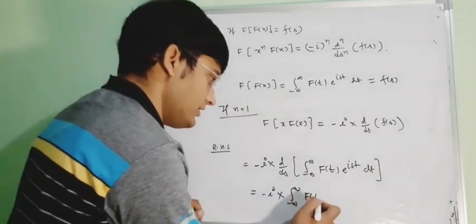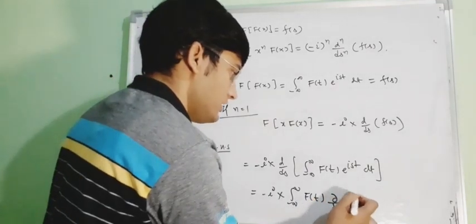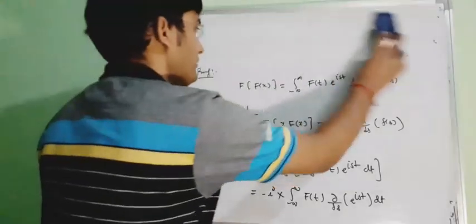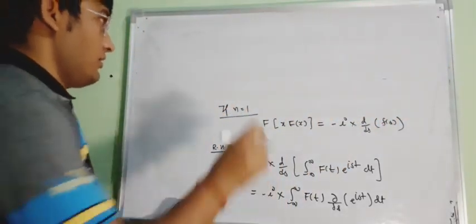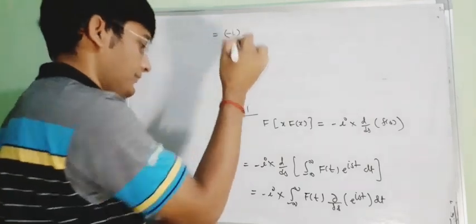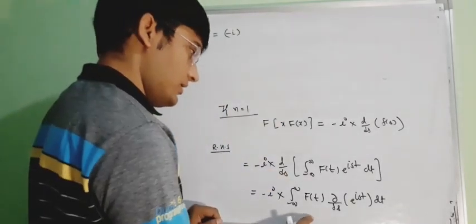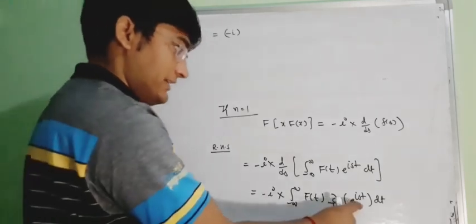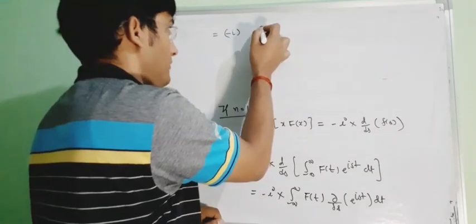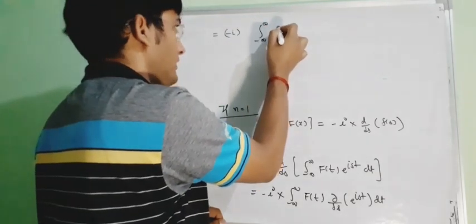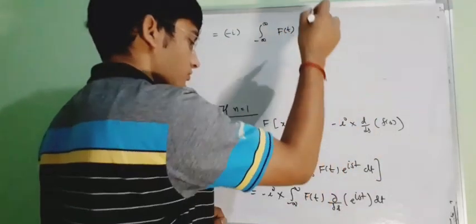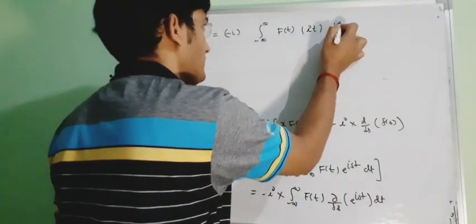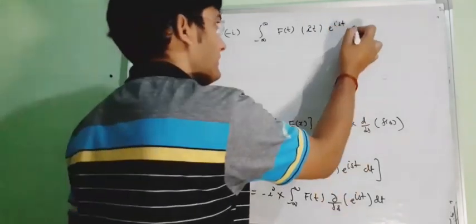So we will have f(t) del by del s of e to the power ist and then dt. So this is equal to minus i, and the differentiation of this with respect to s will be i times t, so we will get the integral from minus infinity to infinity of f(t), and then i into t, then e to the power ist dt.